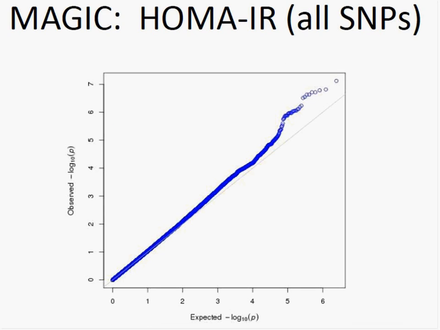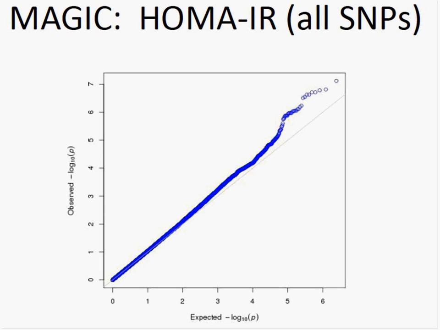If we look at one of the traits from the MAGIC consortium, this is HOMA-IR, a measure of insulin sensitivity, again in a very large meta-analysis across many studies. Using all SNPs shown here in the blue, there actually is some evidence for a genetic contribution to HOMA-IR from variants, as you have now accumulated information from many GWAS.